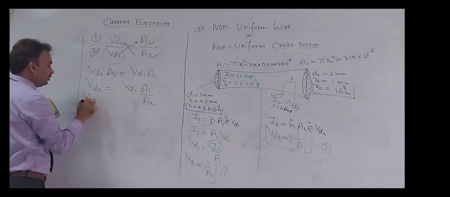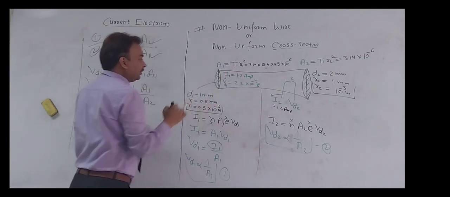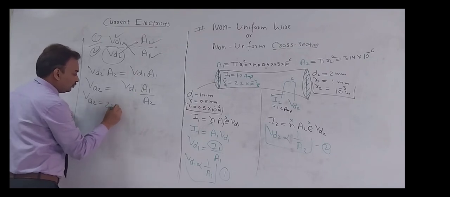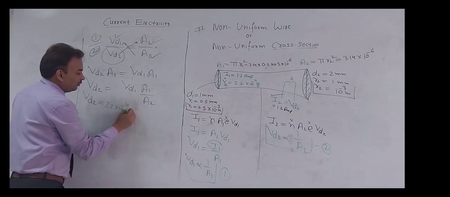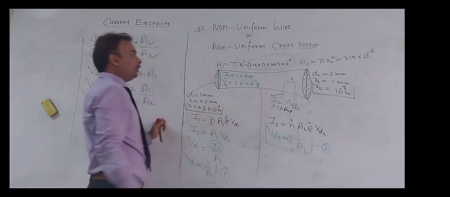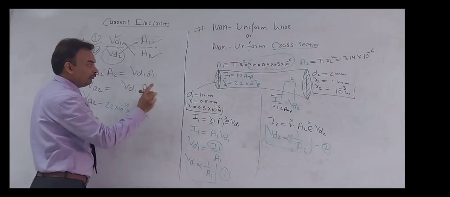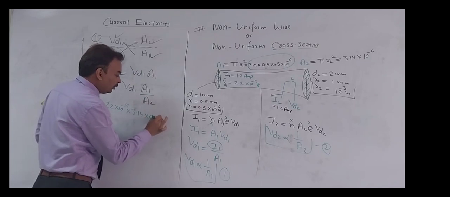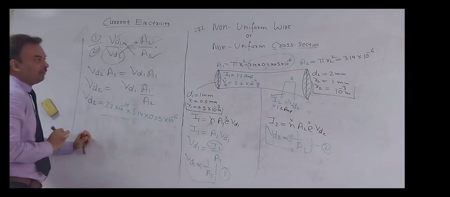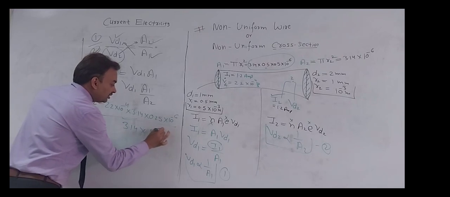VD2 is equal to 2.2 multiply 10 to power minus 4, multiply A1, that is 3.14 multiply 0.5 multiply 0.5, 0.25 multiply 10 to power minus 6, divided by A2, that is 3.14 multiply 10 to power minus 6.